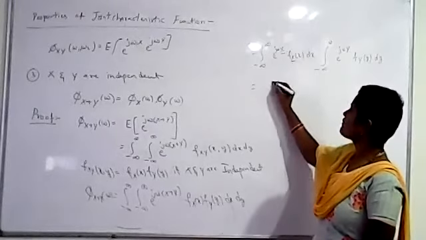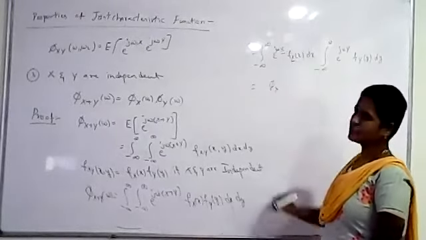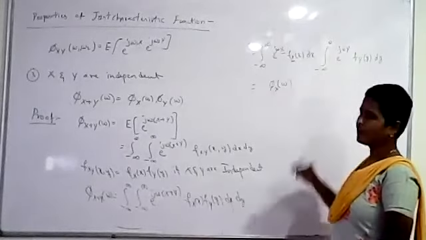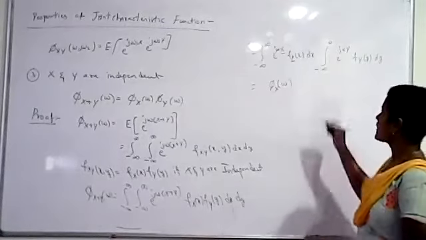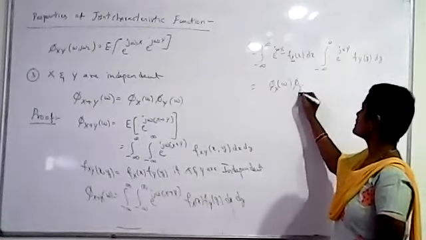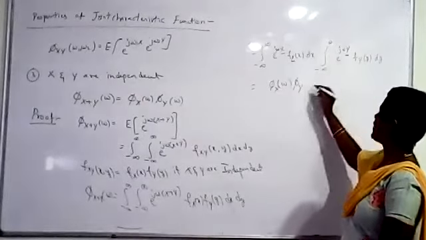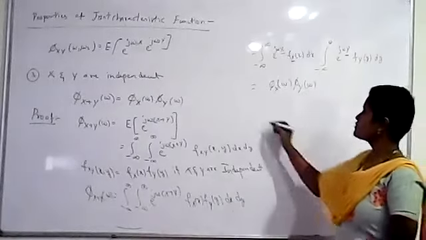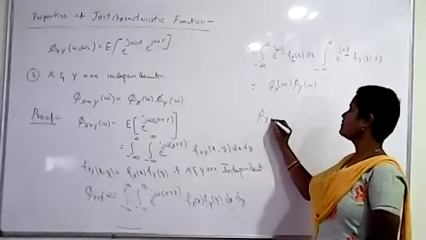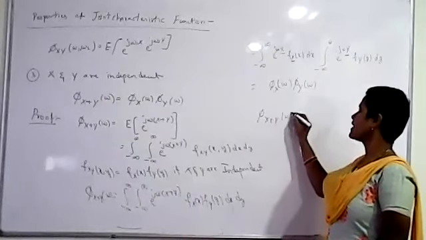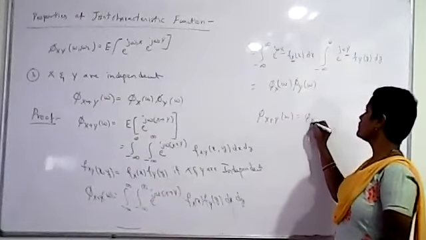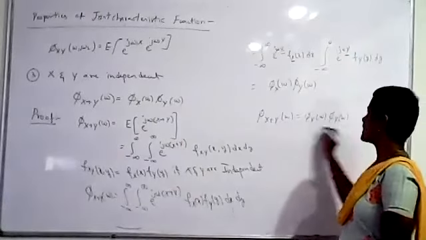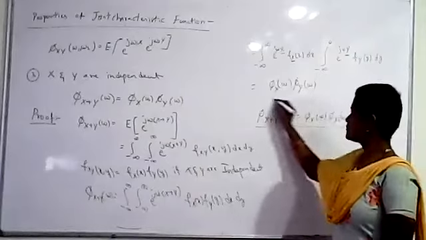It is having only one random variable, so it is phi x of omega. Whereas it is having only one random variable y and it is function of frequency omega, so it is phi y of omega. Okay. So from this we can write phi x plus y of omega will be equal to what? Phi x of omega into phi y of omega. So this is our third property.